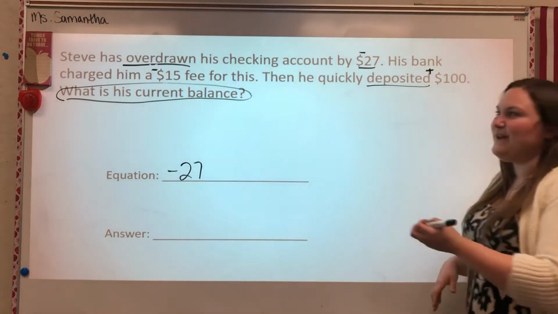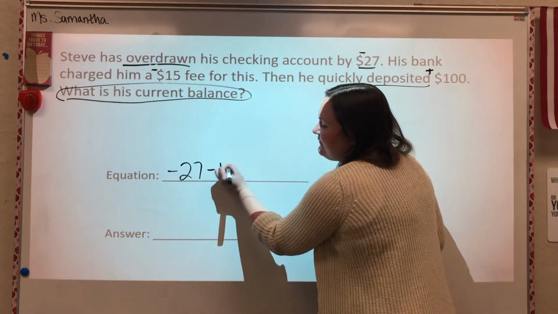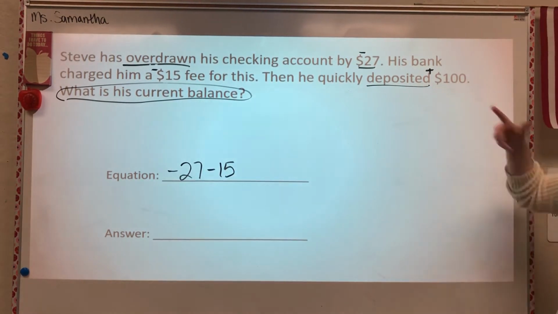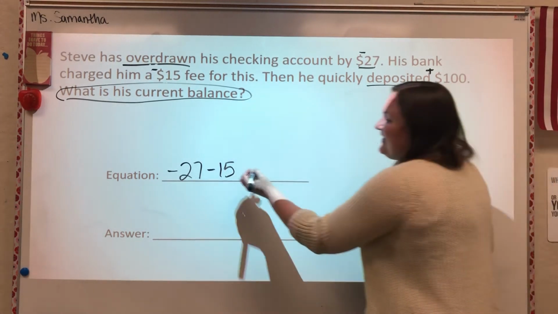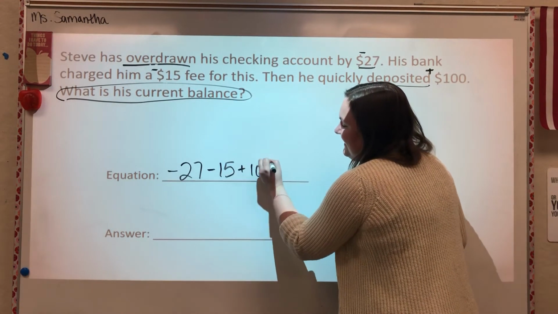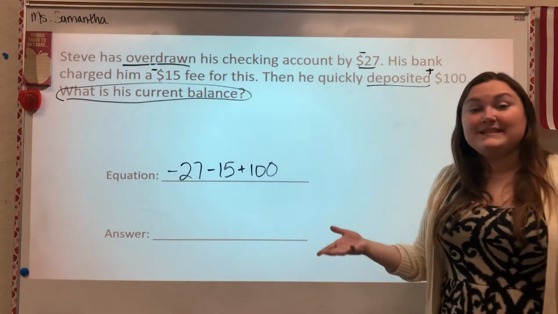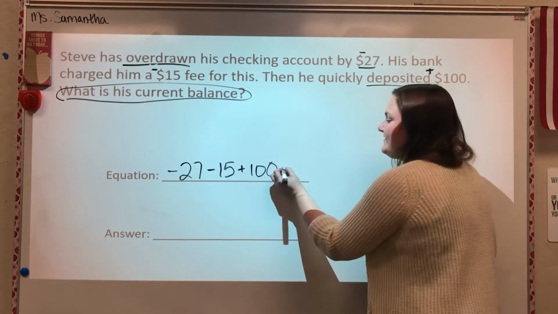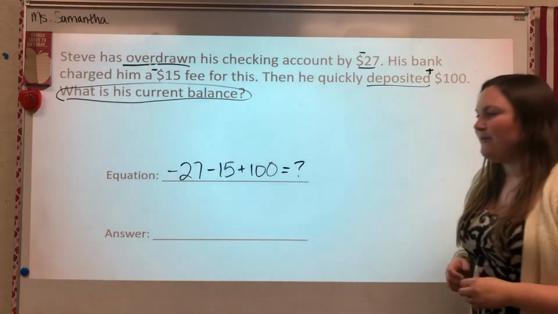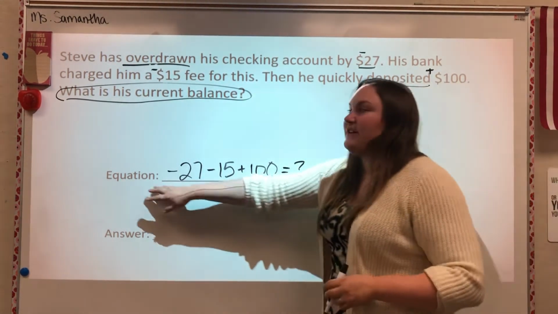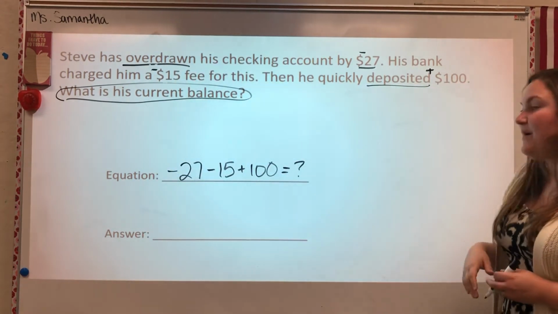After that, his bank charged him that $15 fee, which is why we're subtracting $15. And then he's depositing $100. He's putting $100 into his account. And our question is trying to figure out what is his balance after he does all those things. We're trying to figure out what happens at the end. This right here is a perfect equation to represent this problem.